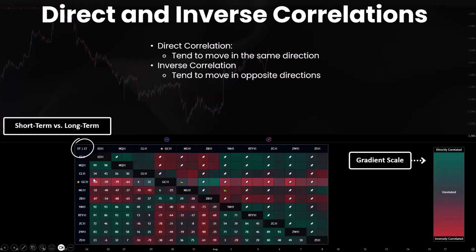A high value close to minus 100, and also in a red color, shows an indirect correlation. So when we took the screenshot here, for example, GC, which is gold futures, and ES, which is the S&P 500 futures, were indirectly correlated, meaning when one went up, the other one would go down.